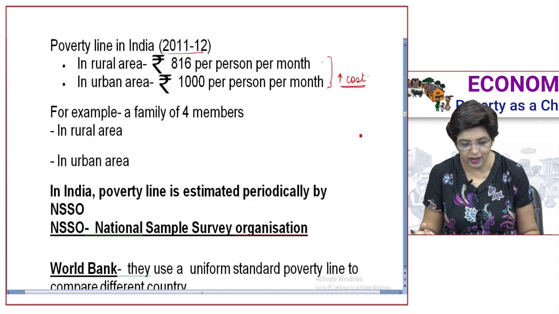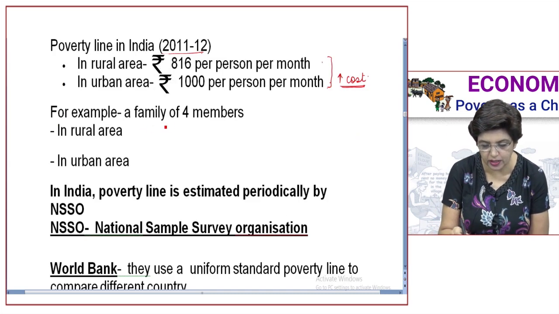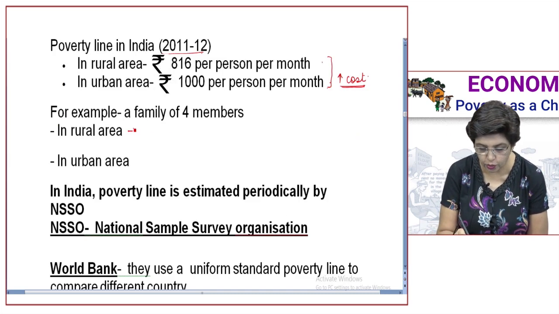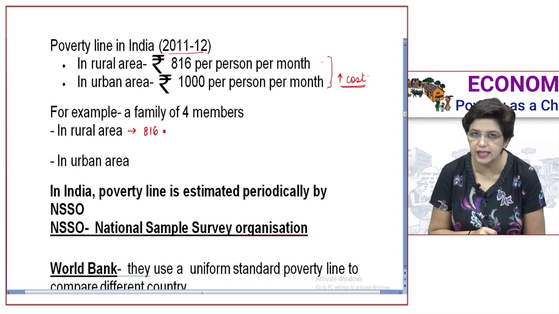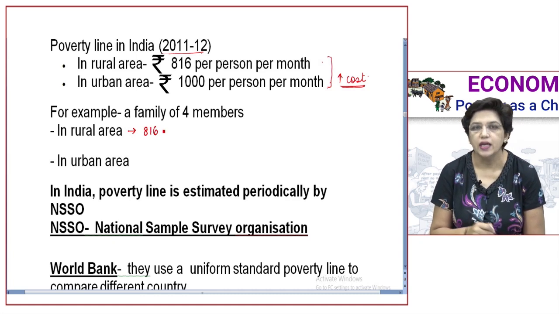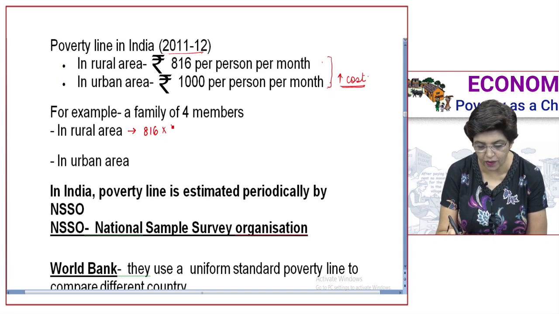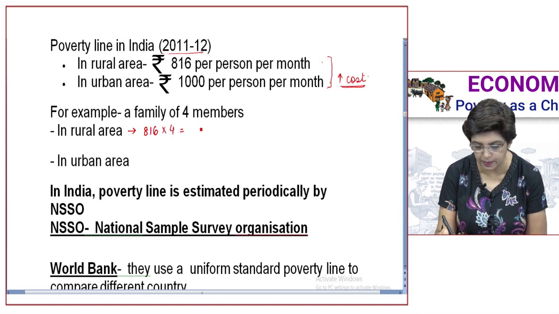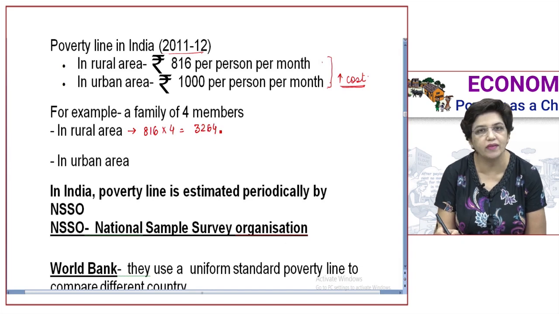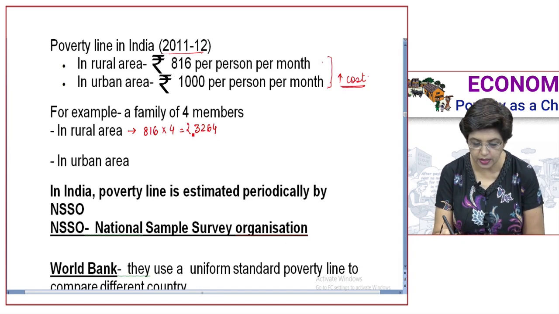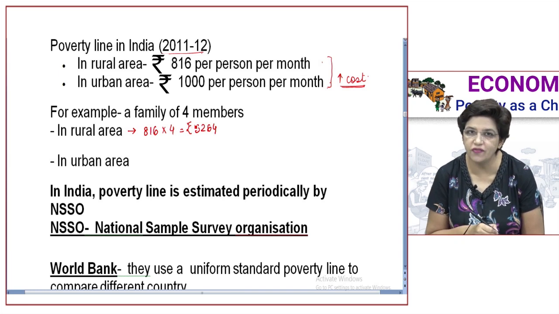Now, I will give you an example. Suppose there is a family of 4 members. In rural areas, I just told you 816 rupees is considered the poverty line. So for a family of 4 members, if you multiply, 3264 rupees is the poverty line for that family.